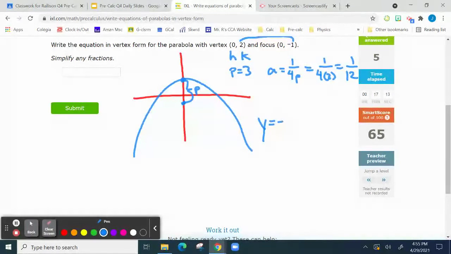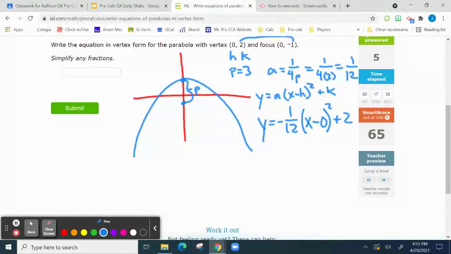I should write this: y equals a times (x minus h) squared plus k. So there's our a, -1/12. x has to be in there, minus our h, which is 0. I won't type that in. Plus k, and k is positive 2.